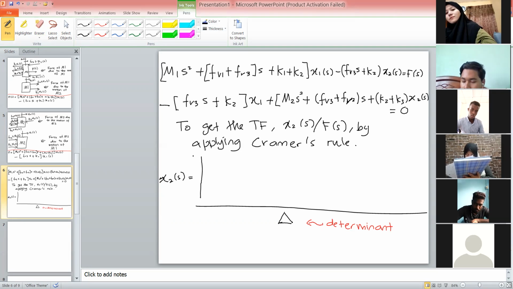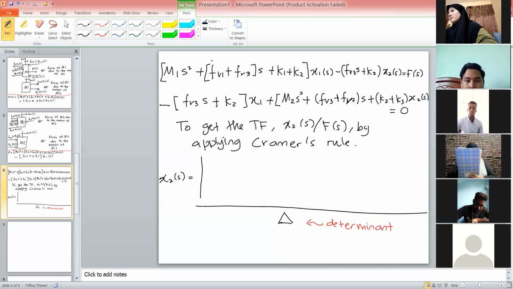Now, for x1s we have m1 s square, fv1, fv3, and we have k1, k2, right? But in the other term for x2s, we have fv3 and k2, okay? In Cramer's rule, we need to copy the first line first.